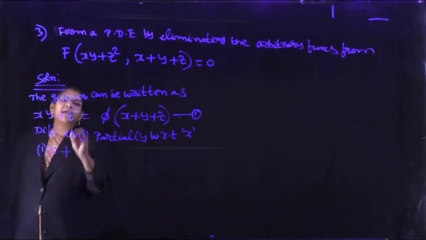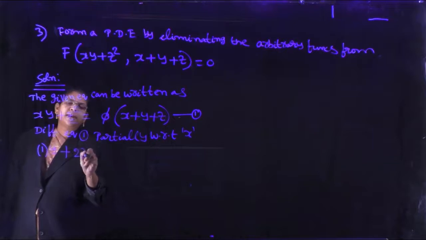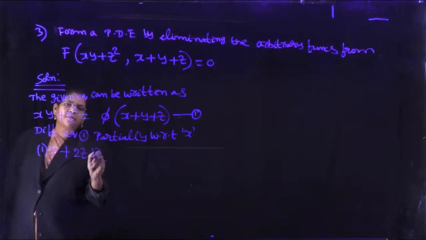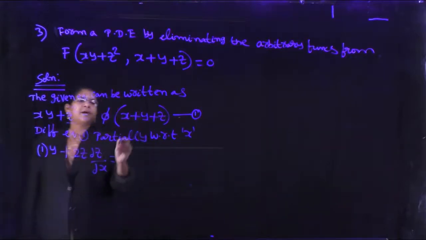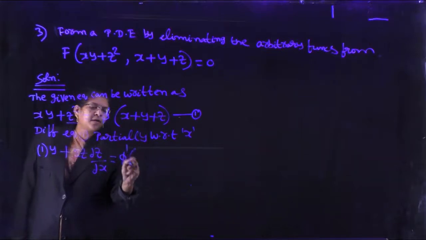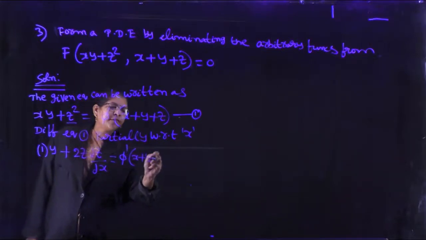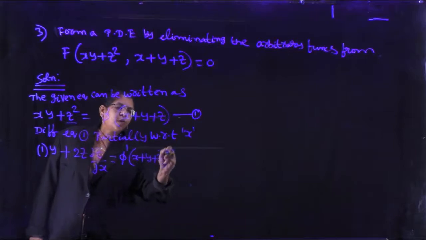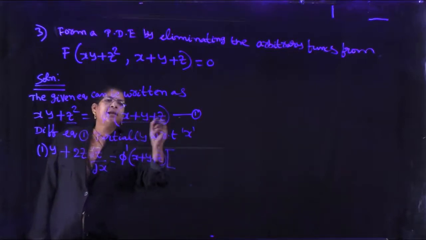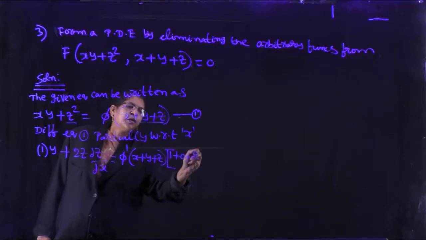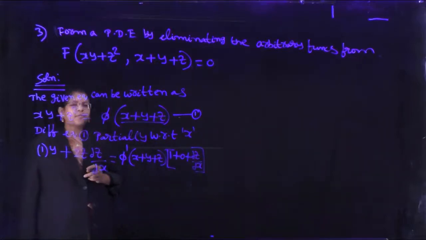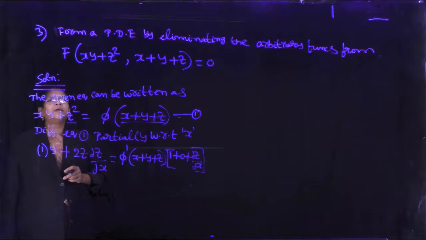For z², the derivative is 2z into ∂z/∂x, which is equal to φ' of (x + y + z) into the derivative of the bracketed value: for x the derivative is 1, for y it is 0, for z it is ∂z/∂x. We will denote ∂z/∂x with p.